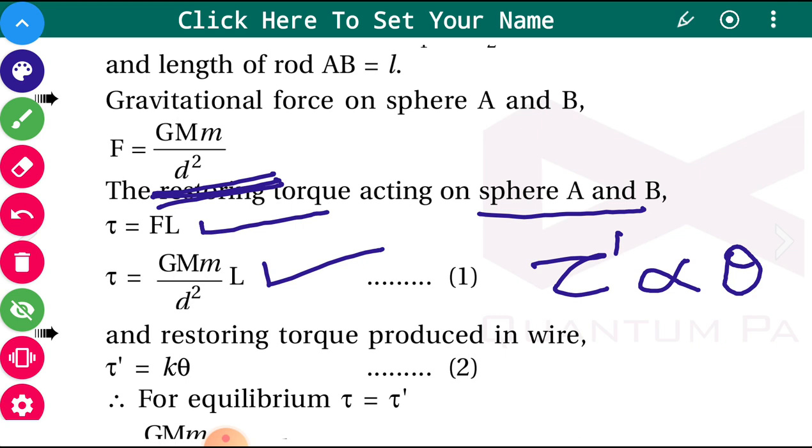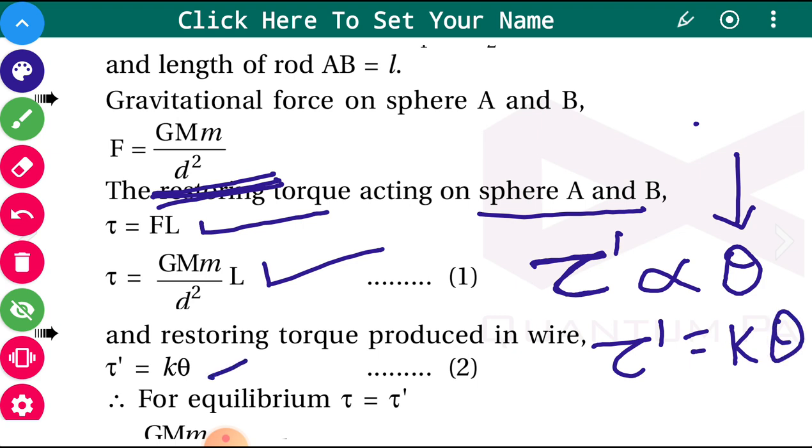If you have a string and you twist it more, then more swiftly it will try to come back to its original position. So more the angular displacement, more the restoring torque, and tau prime can be written as k theta, where k is a constant of proportionality.